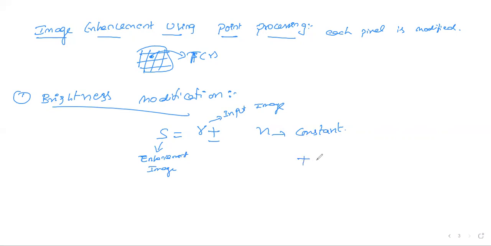So if you perform plus operation, brightness increases. If you perform minus operation, brightness decreases. Okay.